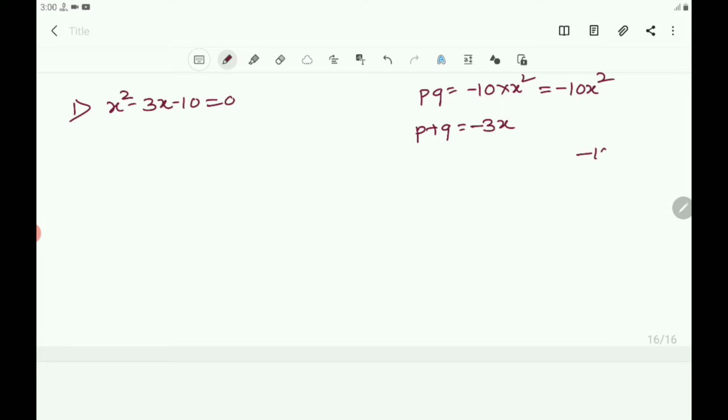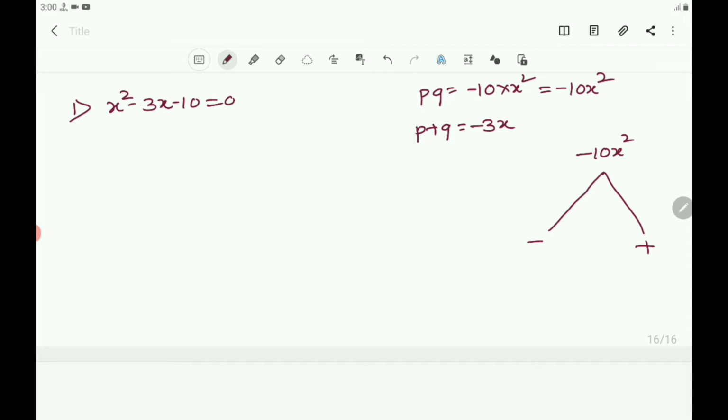So minus 10x square must be split in such a way that one has the positive sign and the other has the negative sign. The middle term has a negative sign, therefore the greater number has the negative sign, and the smaller term has the positive sign.